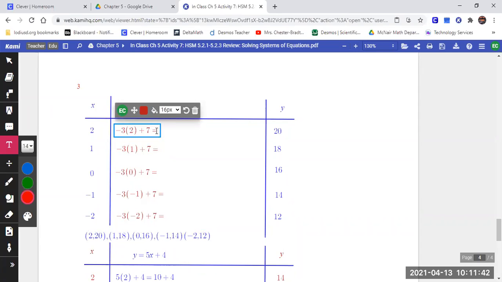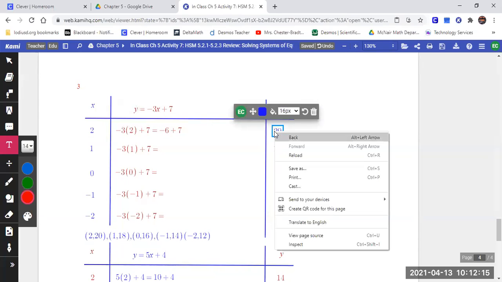What would that be? Someone tell me what negative 3 times 2 is, please. Okay, so this says negative 6 plus 7.